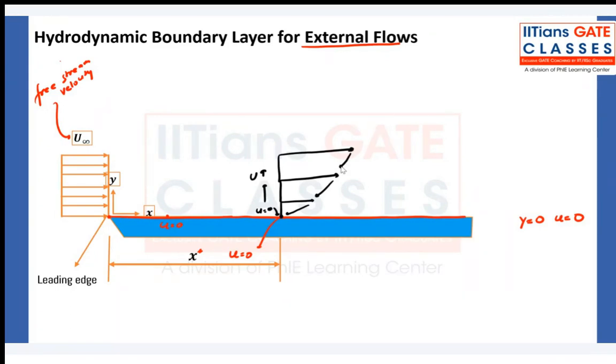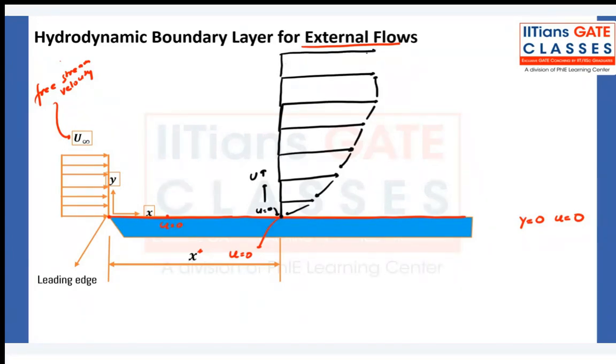As you go up, the velocity keeps increasing slowly, and at a certain point it is no longer increasing, because the effect of the no slip condition and viscosity is no longer significant.